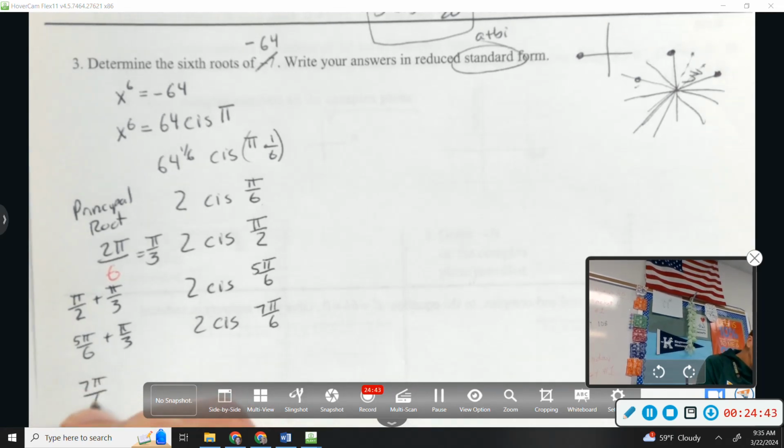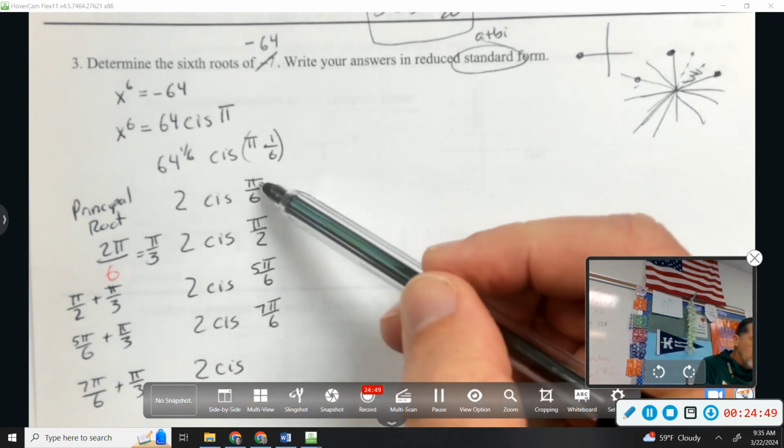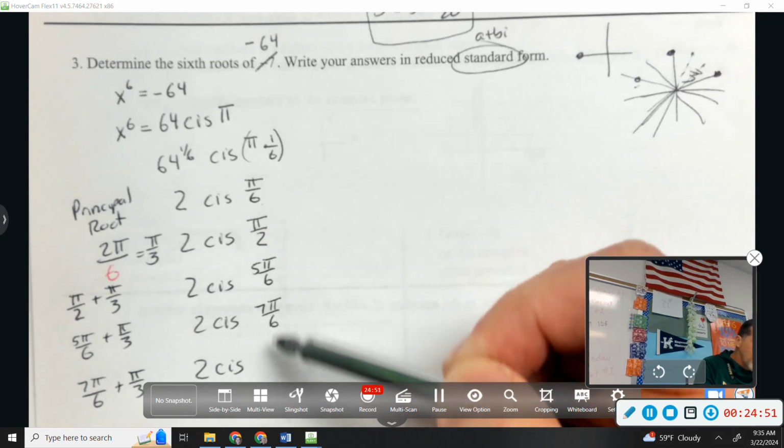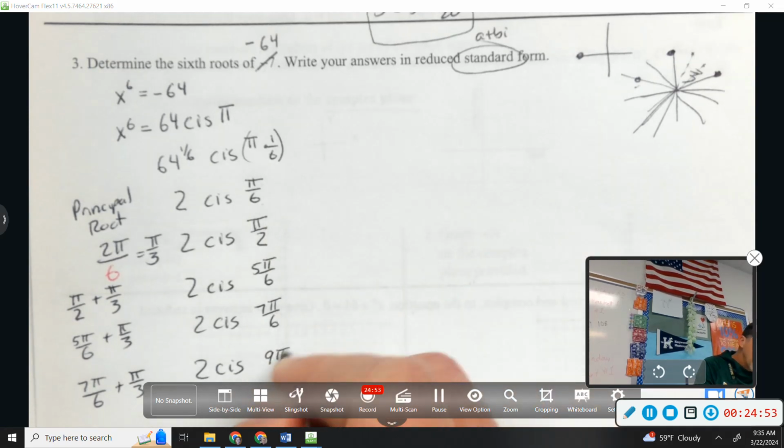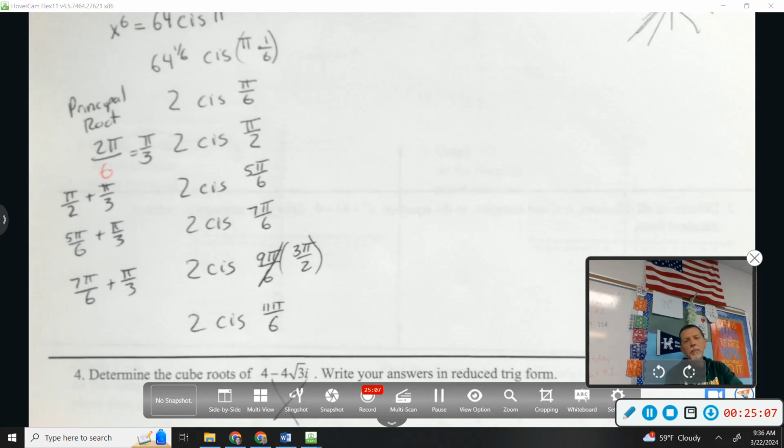7 pi over 6 plus pi over 3 would be, in fact, 1, 3, 5, 7, 9, and 11. You start to pick up on the pattern. Whoops, except 9 pi over 6 is 3 pi over 2. So, not wrong, just need to reduce it.